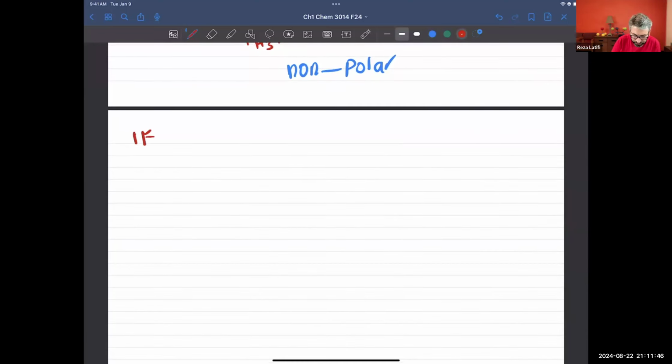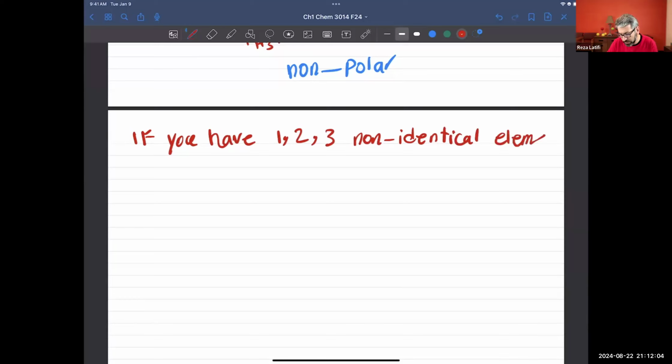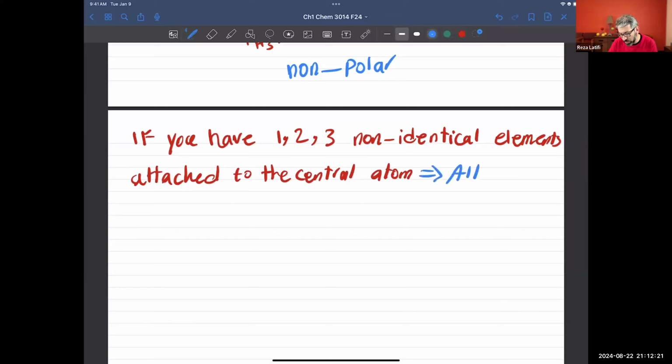Now, if you have 1, 2, or 3 non-identical elements attached to the central atom, in that case, all will be polar. Okay, all will be polar.